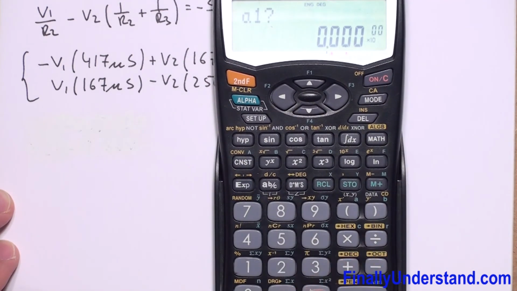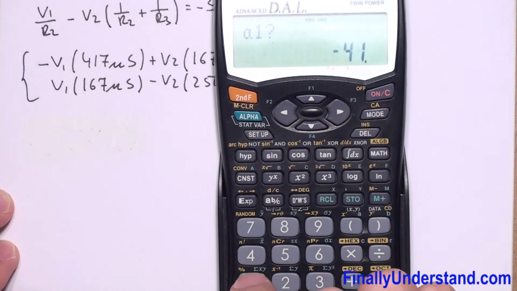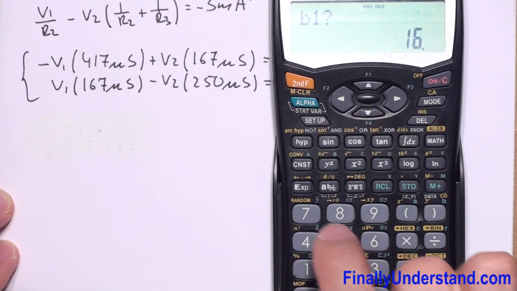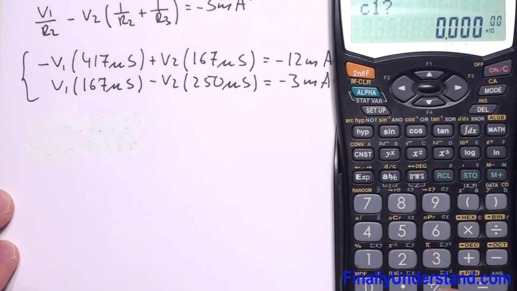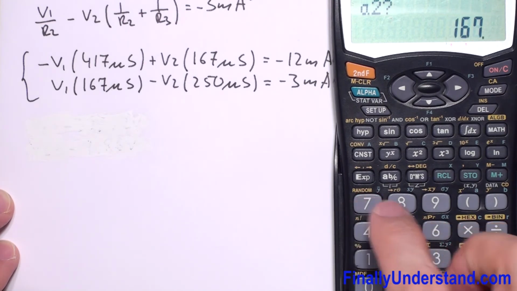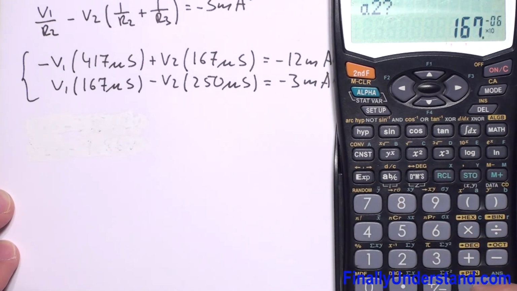So I have negative 417 exponent 6 negative, and I have 167 exponent 6 negative, and I have negative 12 exponent 3 negative, and I have 167 exponent 6 negative, and I have negative 250 exponent 6 negative, and I have negative 3 exponent 3 negative.